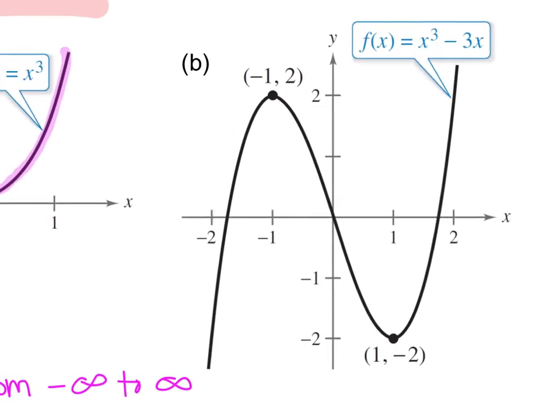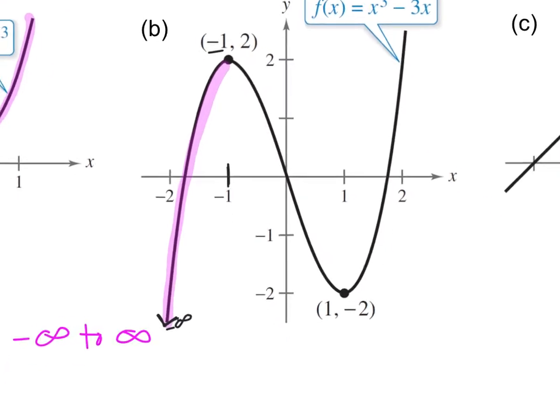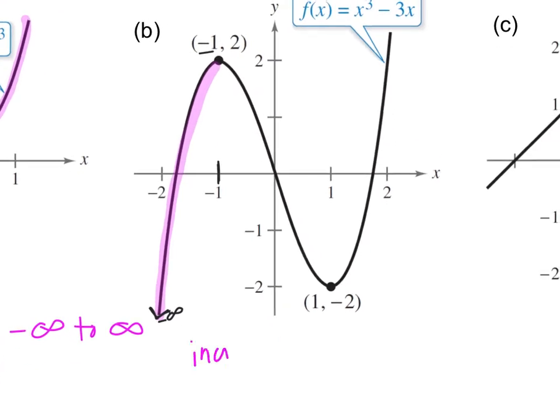Letter B, we start by increasing. So we have a chunk here where we're increasing. And because there's no dot here at the end, there's an arrow. So I would say this is increasing from -infinity up until I get to this -1 on the x-axis.